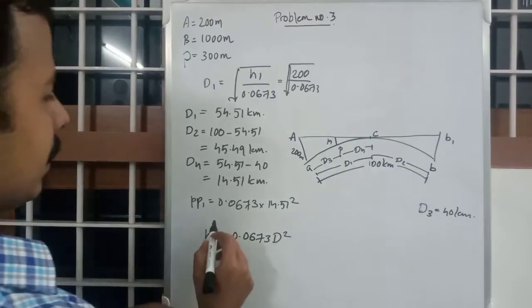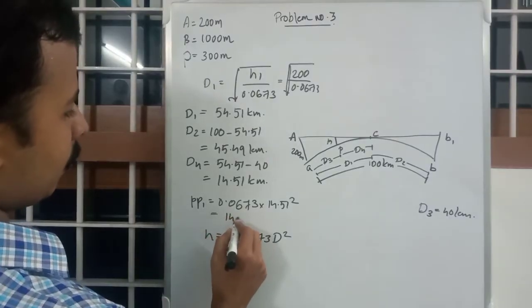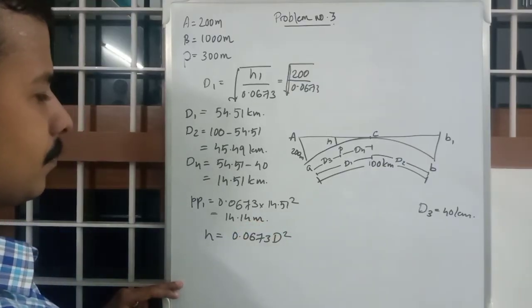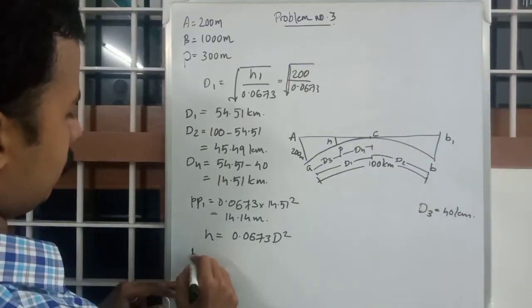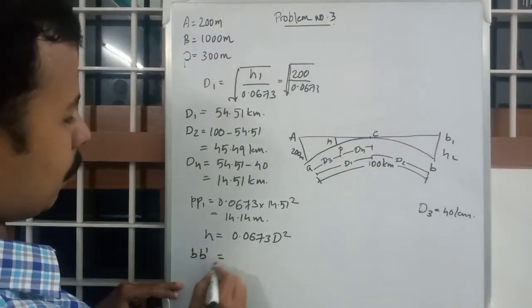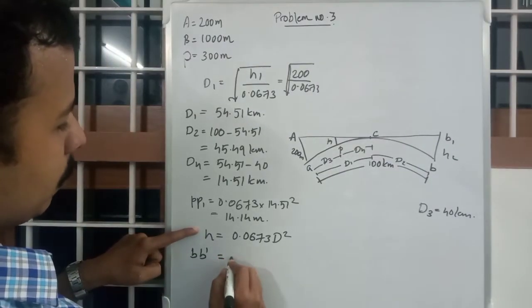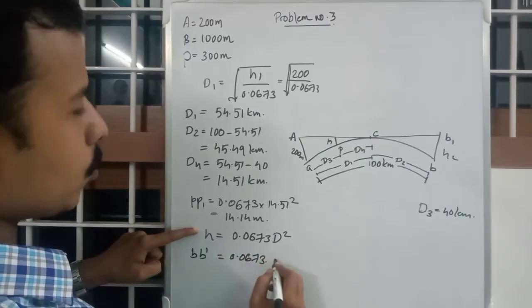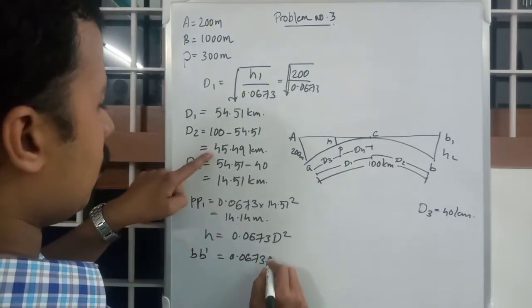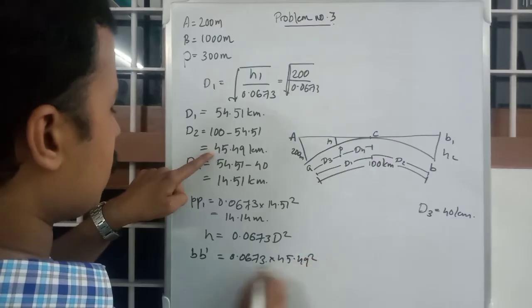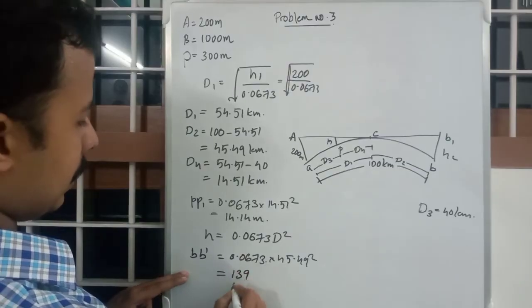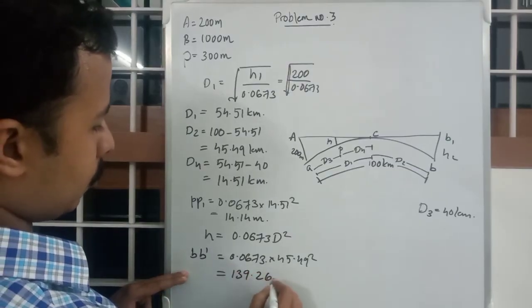Clear? That is 14.14 meters. Then BB1, or in this case H2, BB1 is equal to 0.0673 into D, where the distance is D2, 45.49 square, that gives 139.26 meters.